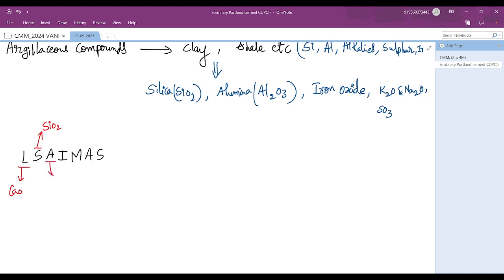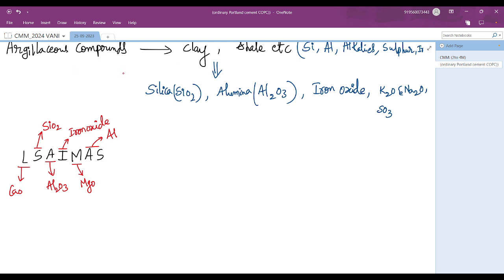After that it is alumina, which is further less, and then iron oxide, further less. Here M is magnesia. Here A is alkali, because alkalis are present in very small amounts, in traces. These alkalis are present in the cement due to impurities resulting from clay or argillaceous compounds.